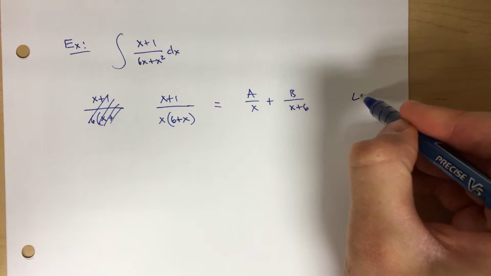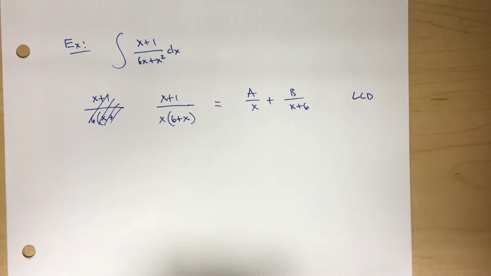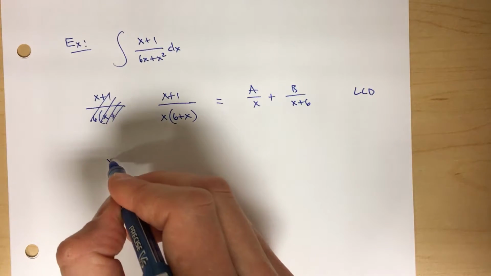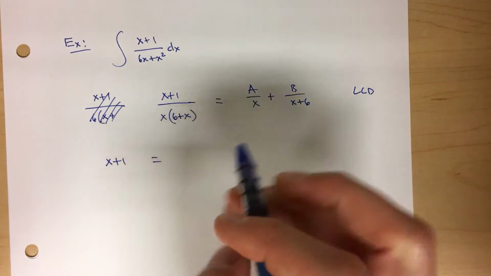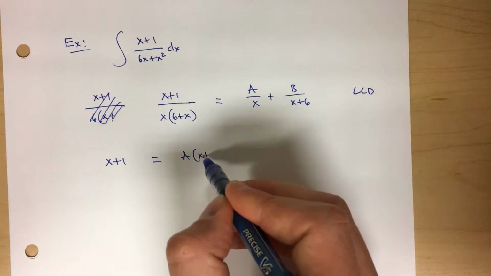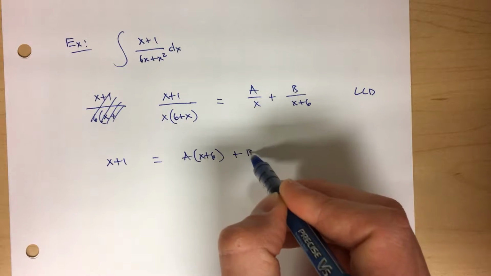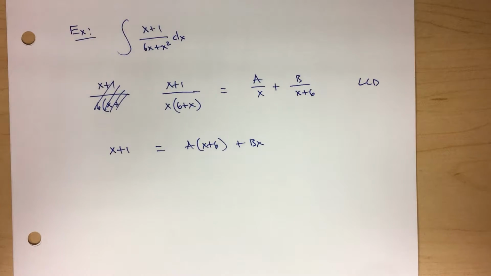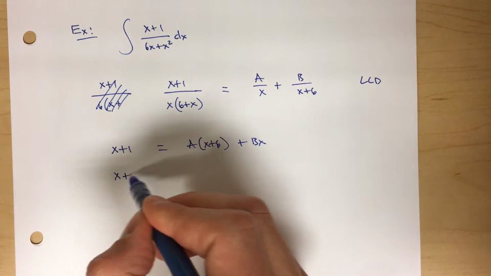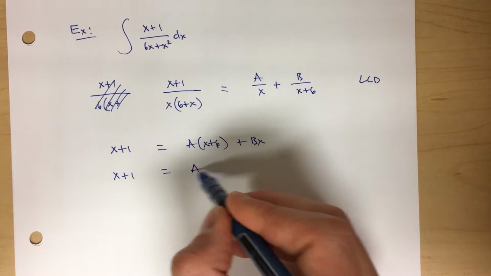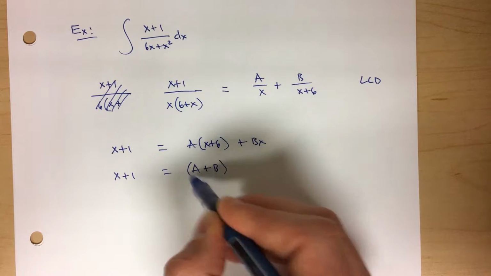Multiplying by the least common denominator, which is x times (6 plus x), I should get x plus 1 equals a times (x plus 6) plus bx. It's a really important step, and it's an algebraic one. Now I need to set the coefficients of x equal and the constants equal.